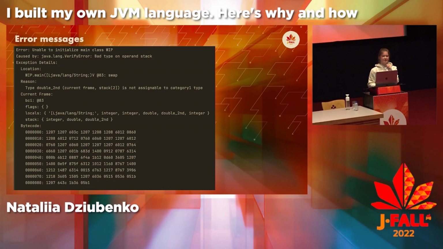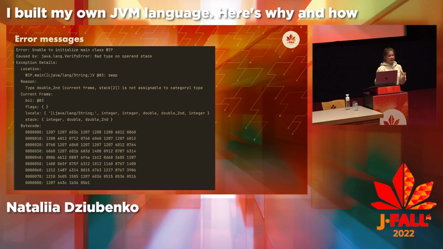In this case, it tells you which one is the swap operation. It tells the reason: you're trying to reference double second, the second half of a double value. It references it as something that is a one-slot thing. And it also gives you the state of your local variables and the state of your operand stack at the time of failure. So you can actually see what exactly went wrong.